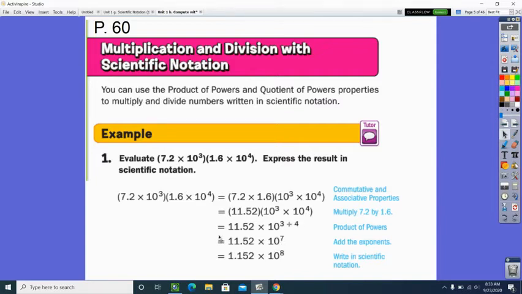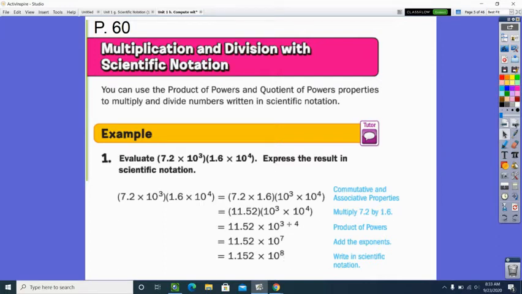Wait, look. See why we had to fix? This is not proper scientific notation. So we need to move that decimal around the 1. We're making the number in front smaller, right? A power of 10 left there. So we need to put it into the back of the number. And that's how we multiply numbers in scientific notation.